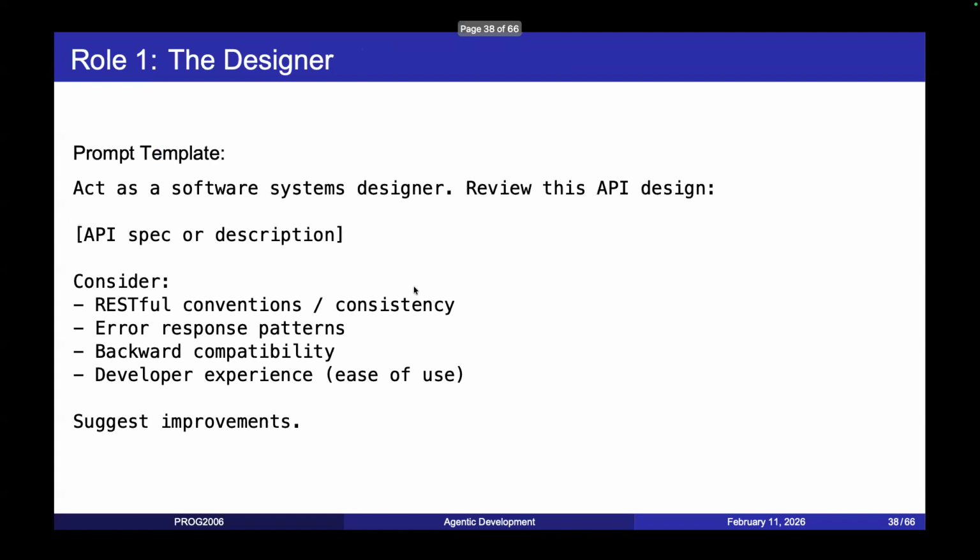So this is a template where you say, act as a software systems designer, review this API design, and then you put the API specification in, and then you put some constraints or some suggested actions, and then you say, suggest improvements.